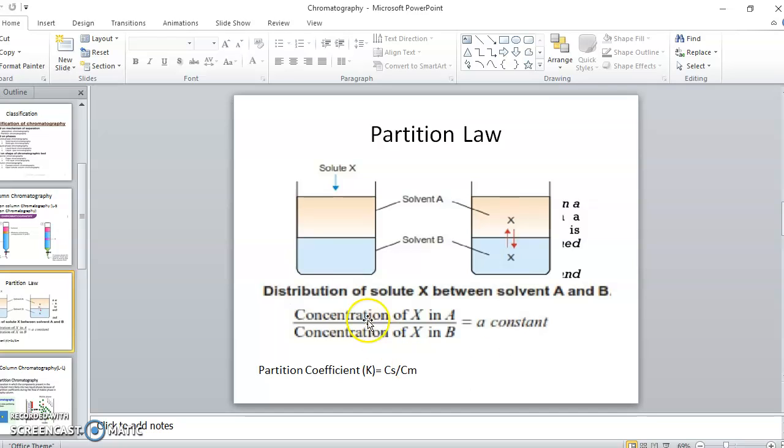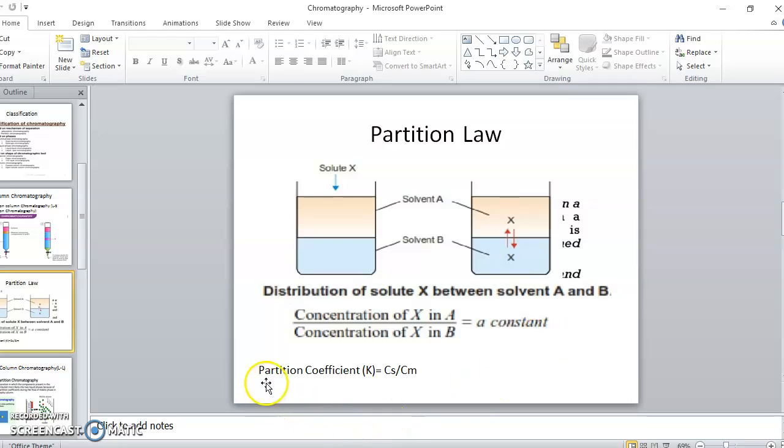In a very simple manner, two immiscible solvents are in mutual contact with each other. Whenever a solute X is common to both solvents, and is initially present in one of the solvents, it will get partitioned or distributed in both solvents, and the ratio of their concentrations will be a constant.